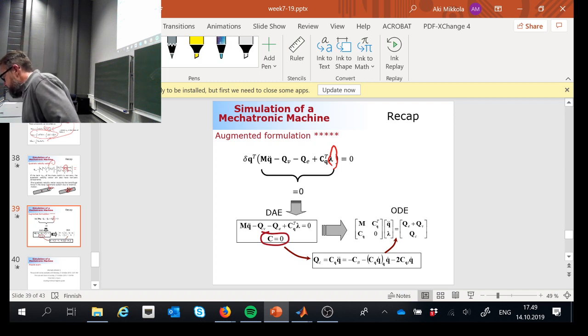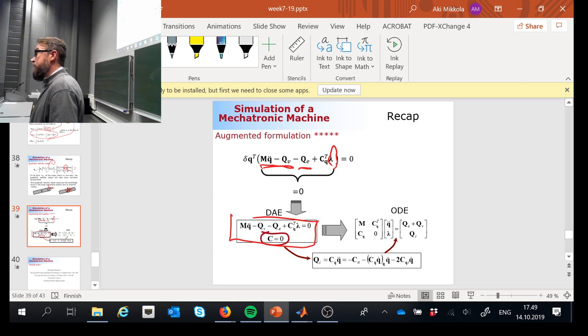This one here is generalized inertia forces, and it consists of 2 components, mass multiplied by acceleration and quadratic velocity vector. The externally applied forces are here, and this is the one that you can now set to be equal to 0, and with help of the constraint equation you can solve the whole thing. Okay.